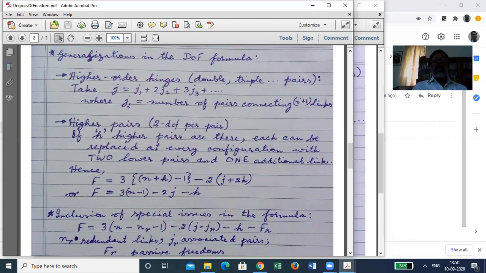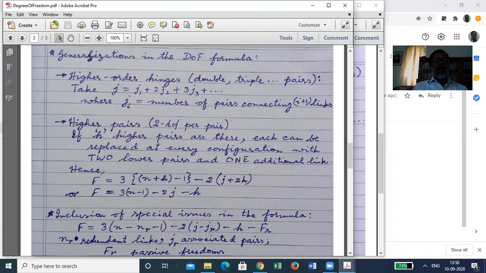So if 8 higher pairs are there, then every higher pair will operate like that. Each can be replaced at every configuration, but this is momentary, instantaneous, configuration dependent. Replaced at every configuration with two lower pairs and one additional link. So do that. So each of them will be replaced like that.